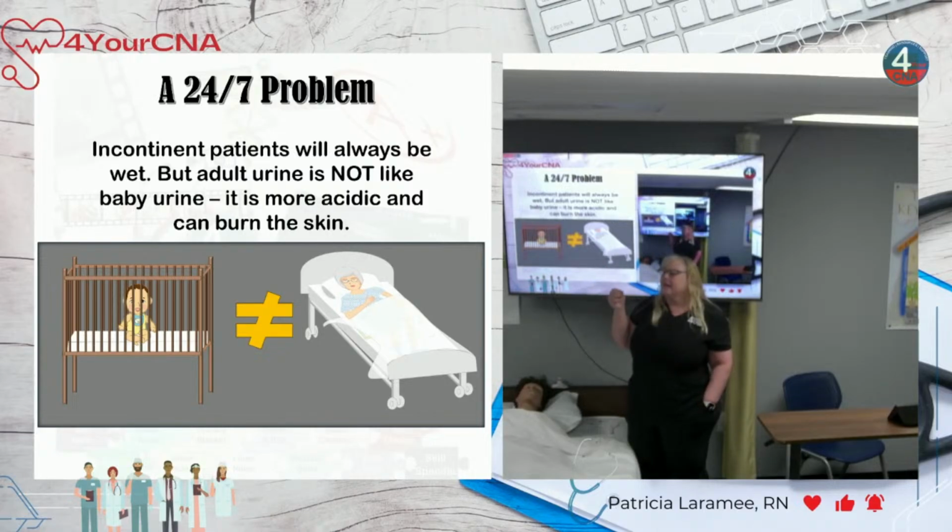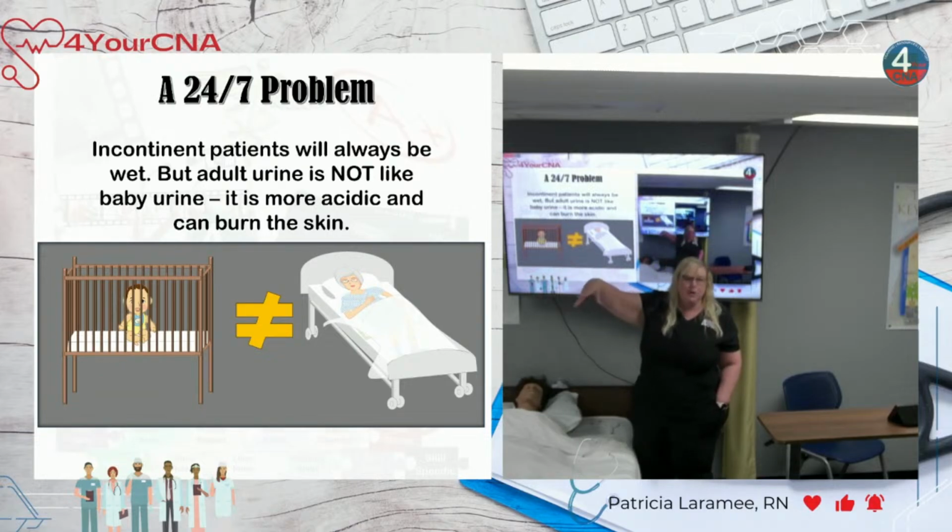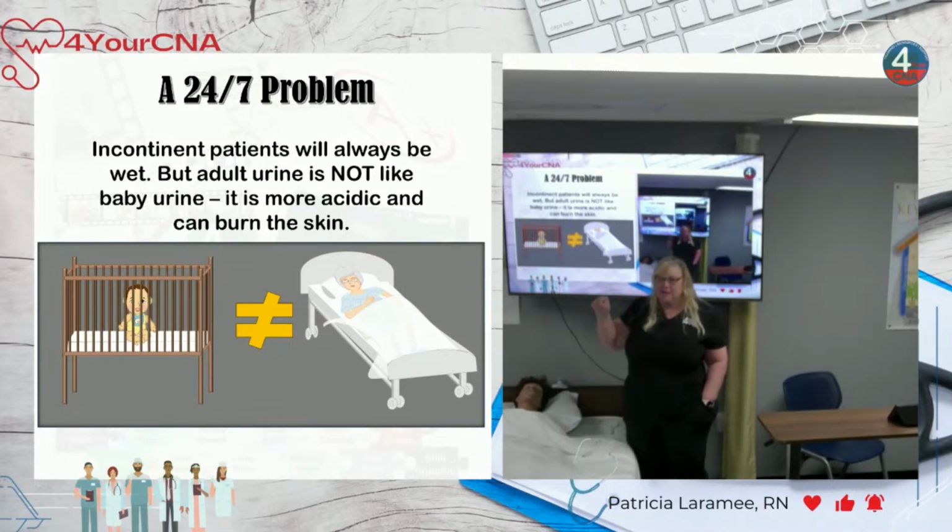So what do you think is going to happen if we hold acid against the skin? It's going to eat your skin. Yeah, it eats the skin. It burns it. That's right. So with a baby, you can put a diaper on them, put them to bed, let them sleep all night, wake up the next morning, and they're fine because there's not much acid in the urine. Adults, you put an adult brief, we don't call them diapers. You put an adult brief on an adult and leave them in it for 8 hours, they'll have all kinds of skin issues.